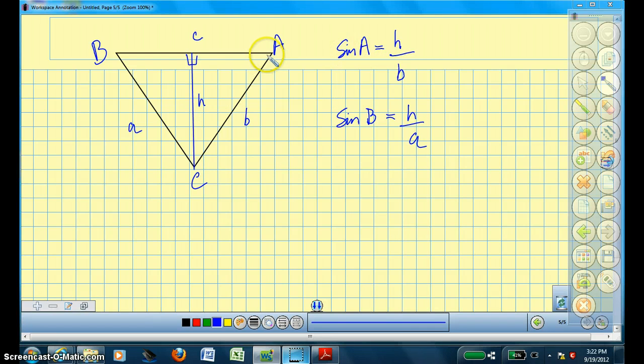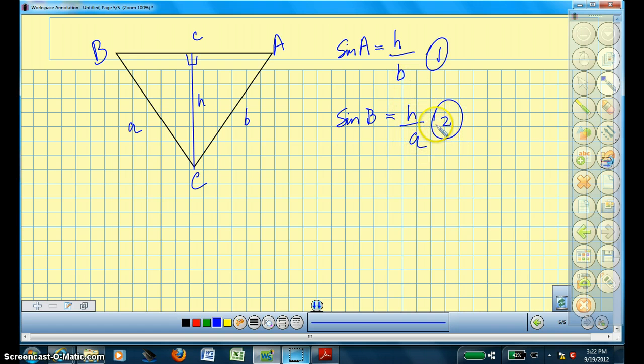So sine of A, here's the opposite over hypotenuse, it's h over b. The sine of B is h over a. And like before, it's a recurring theme, now I have two equations and two unknowns. h and a are unknown.